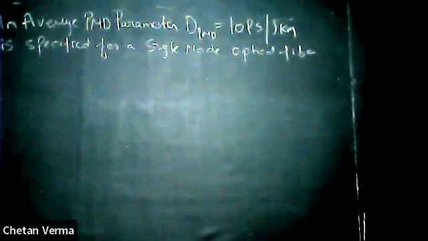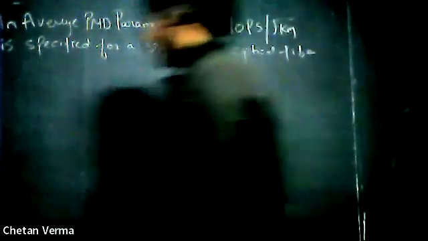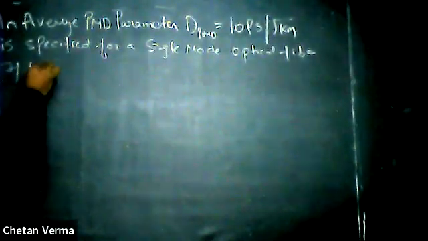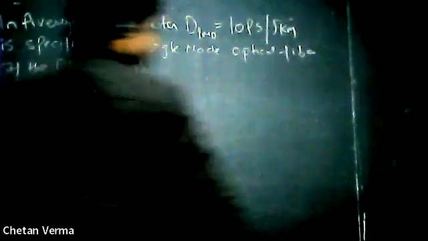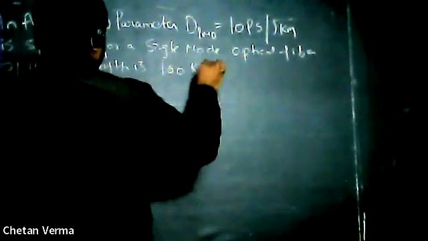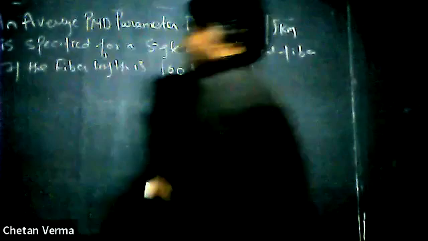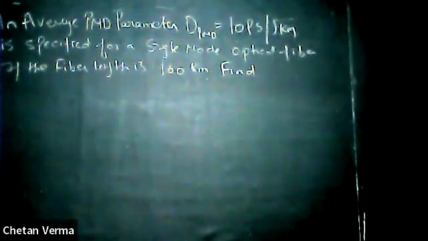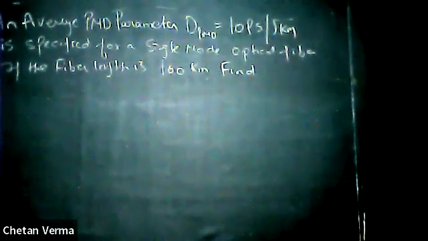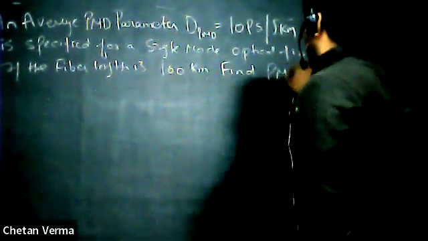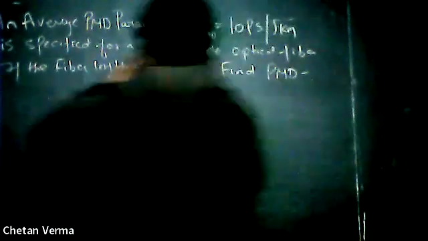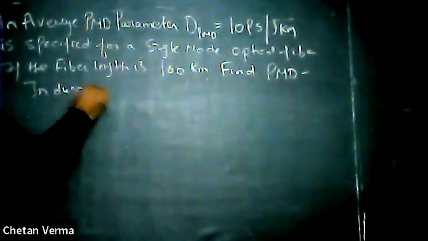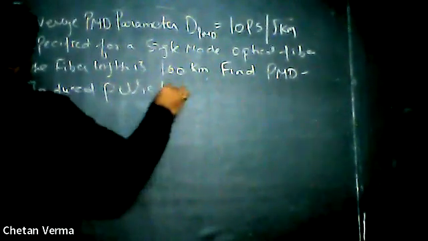Okay, if the fiber length is 100 kilometer, find PMD, that is polarization mode dispersion induced pulse broadening.